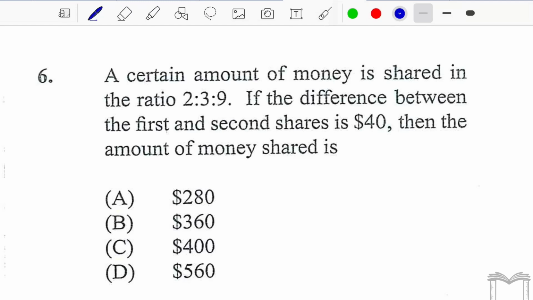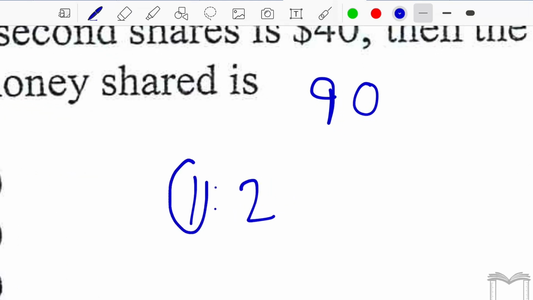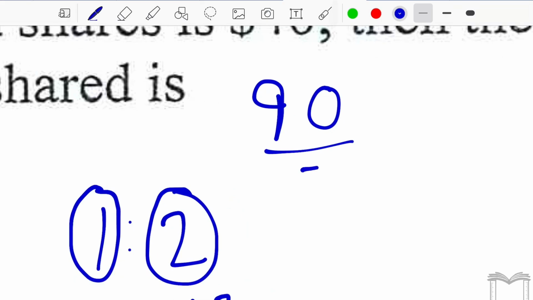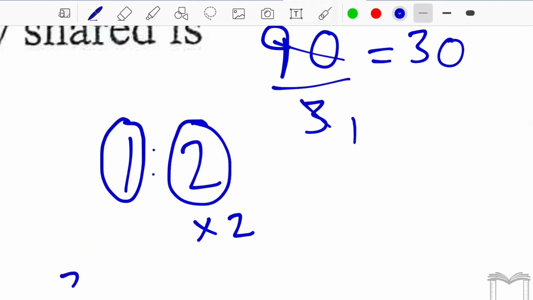For example, if we have the ratio 1 to 2 and we are sharing $90, it means that one person is getting one part while the other person is getting 2 parts, twice the amount. So the total parts will be 3. We will divide 90 by 3 and get 30. So one person will get 30, that is one part, and the other person will get 30 times 2, which is 60.